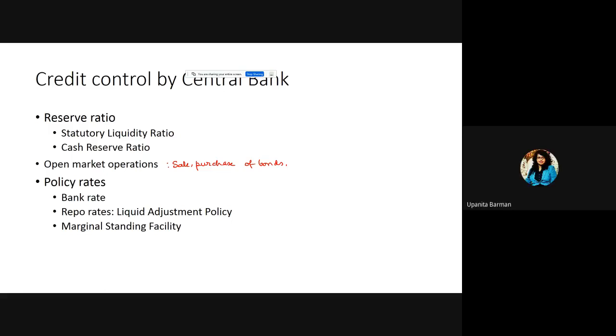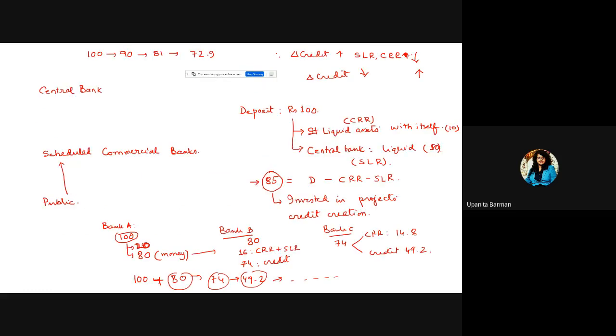Yeah, I have a doubt. In the previous slide, when the SLR was increased to 10%, the credit was decreasing, or it was increasing? No, it was decreasing. Initially I said that the bank is increasing SLR.